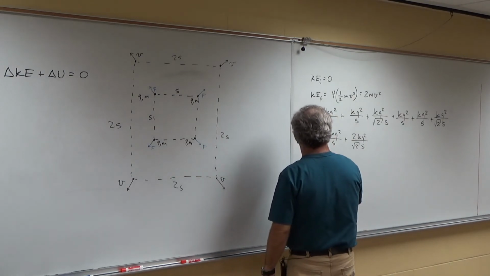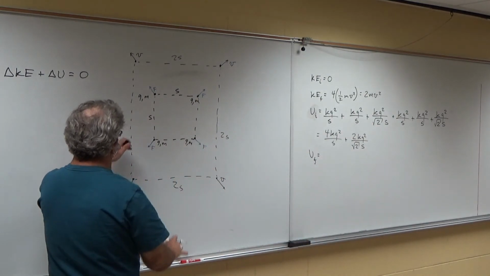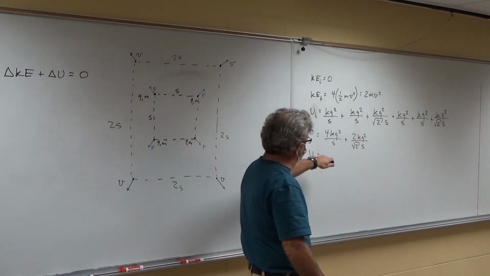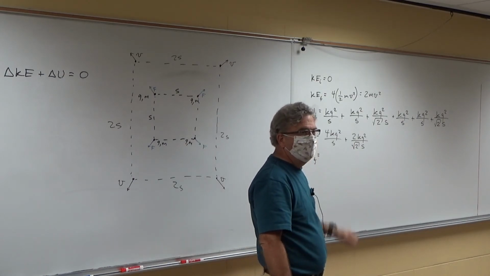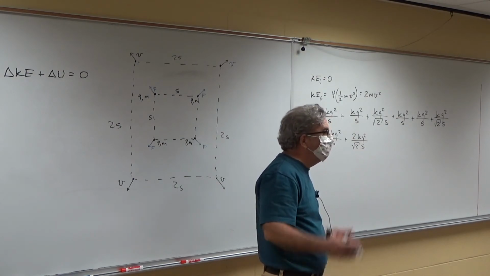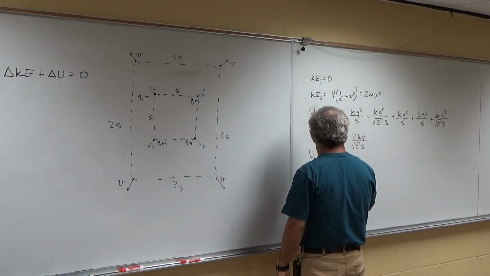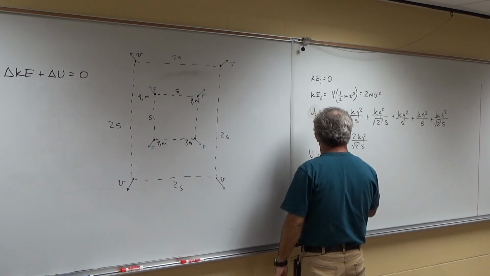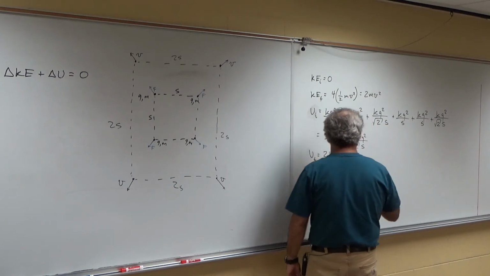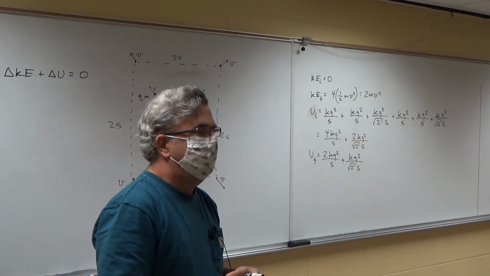U final. Well, I'm looking at this point when s becomes 2s. So wherever I see an s here, I'm just going to replace it with a 2s. That will work, right? s now becomes 2s. It's still a square. Yes. Jenna says yes. We're going with it. All right. So we have 2kq squared over s plus kq squared over square root of 2s. Okay?